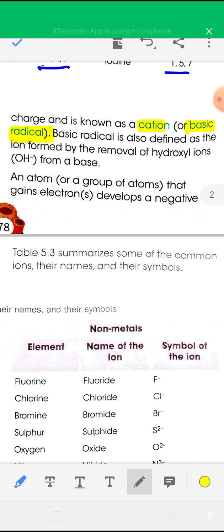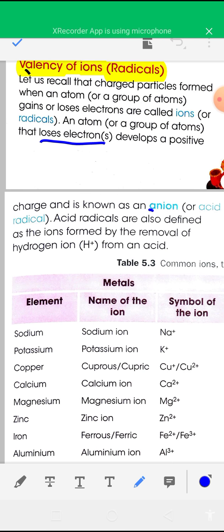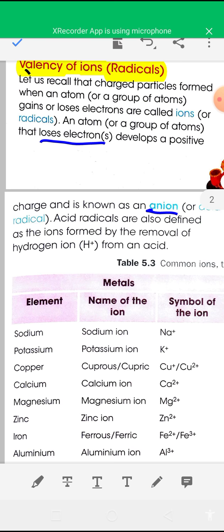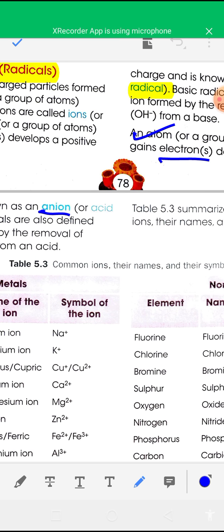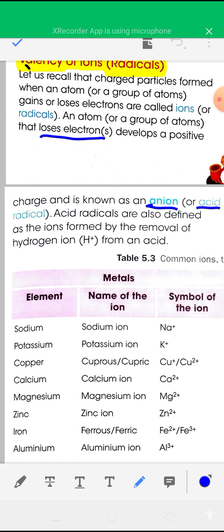An atom or group of atoms that gains one or more electrons and develops a negative charge is known as an anion or acid radical. Atoms with negative charge formed by gaining electrons are known as anions.